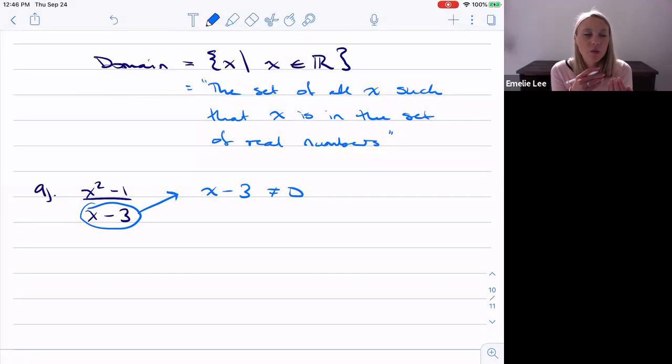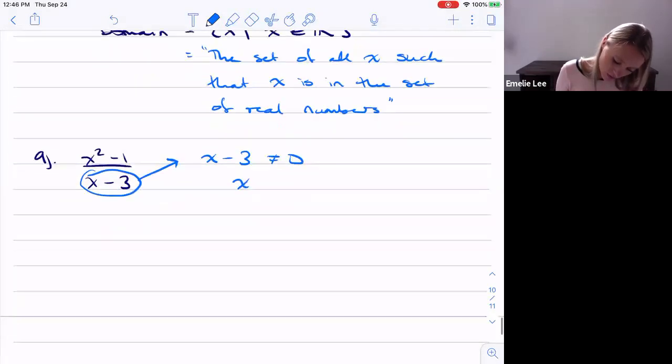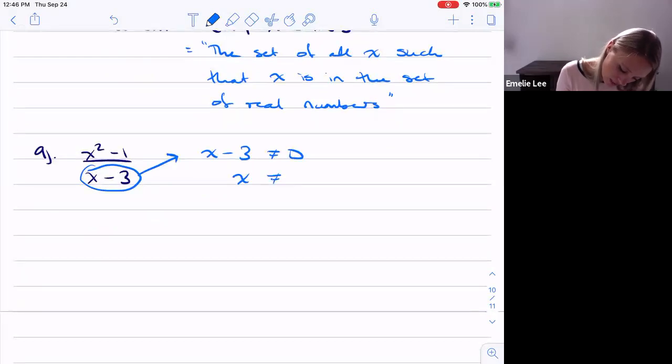I can do kind of normal algebra around this inequality. We'll deal more with inequalities, but for now, we're just able to treat these inequalities as if they're equal signs. So if we add 3 to both sides, I get x cannot be equal to positive 3. And you can just check it. 3 minus 3 is 0. That's not allowed. And so x can't be 3 in the domain.